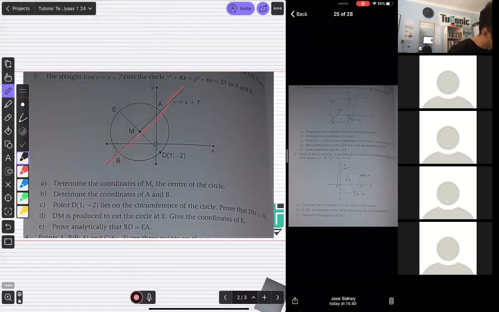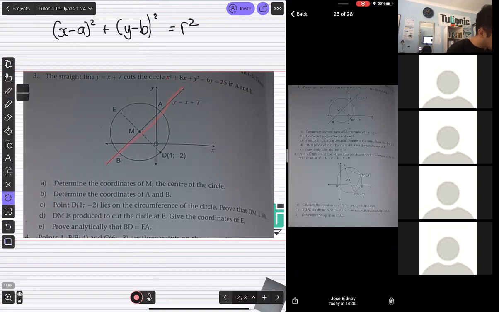I'm just going to use x minus a. And what is a and b? A and b is the center of the circle, right? And r is the radius.